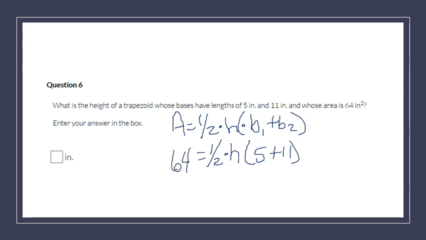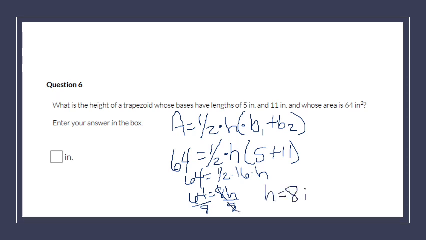So 5 plus 11 is 16. So I've got 1/2 times 16 times h equals 64. 1/2 times 16 is 8. And when I divide both sides by 8, I do get that h is equal to 8, and these are inches.